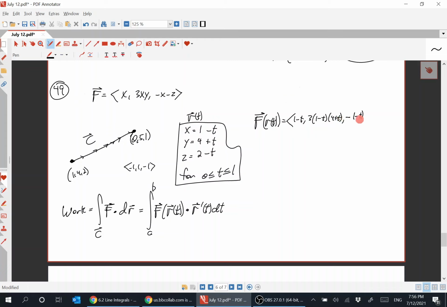So minus 1 minus t minus 2 minus t. So we can simplify that. So f of r of t is equal to, well, this again is 1 minus t. This is 3 times 4 minus 4 plus 1 minus 3t minus t squared, comma, minus 1 minus 2, and then minus plus t.